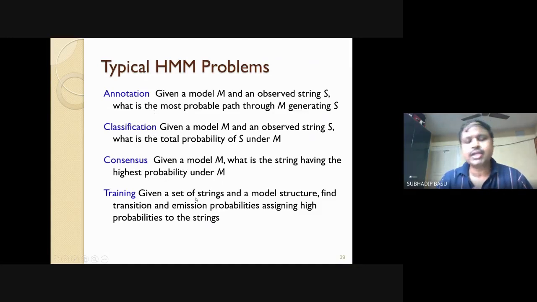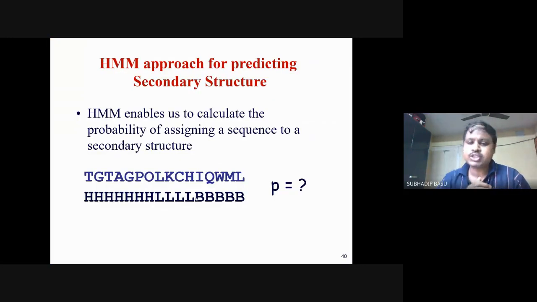As I said, hidden Markov model is more of a pattern classification or pattern recognition topic. So we will see how we can use hidden Markov model to solve a problem in the case of protein secondary structure. For example, if we have a primary sequence like TG, TA, GPO, what is the probability that the secondary structure will be like this?